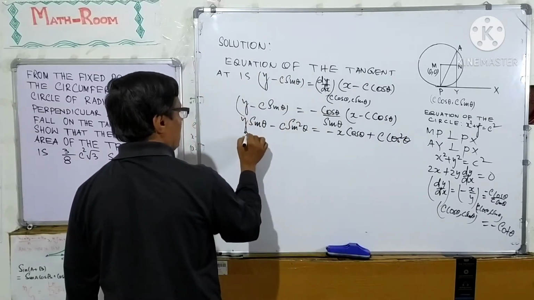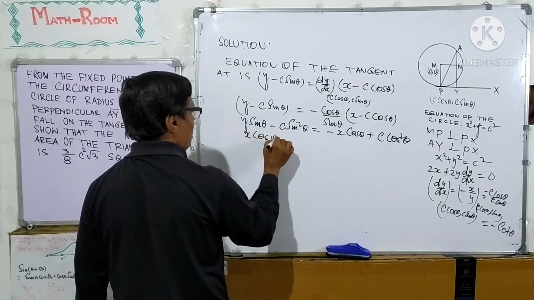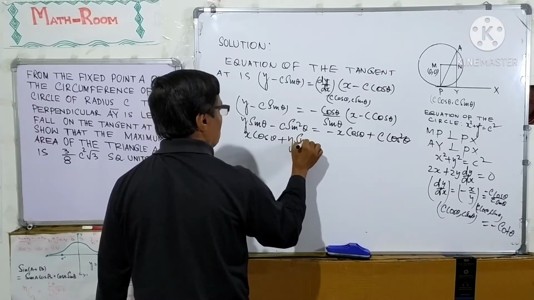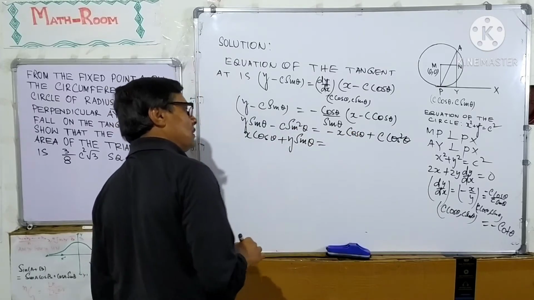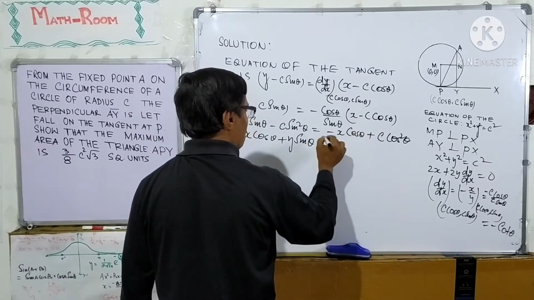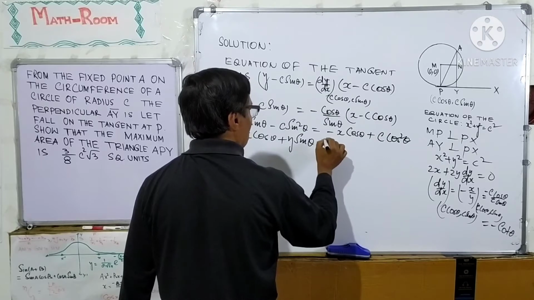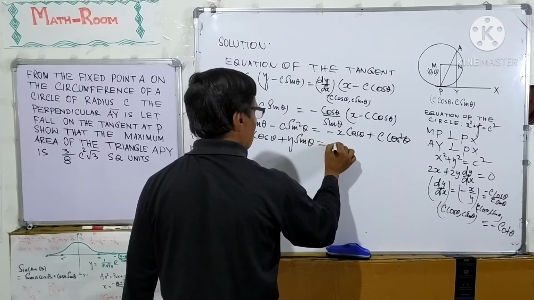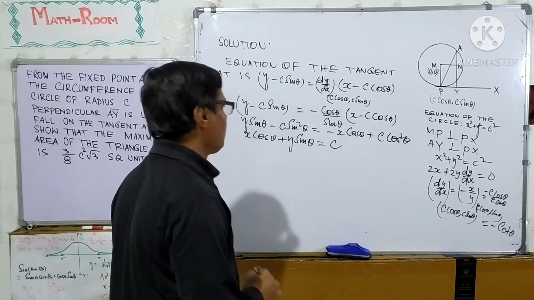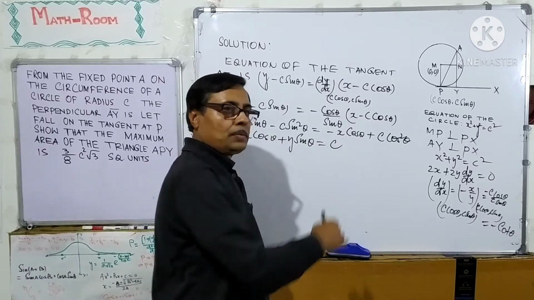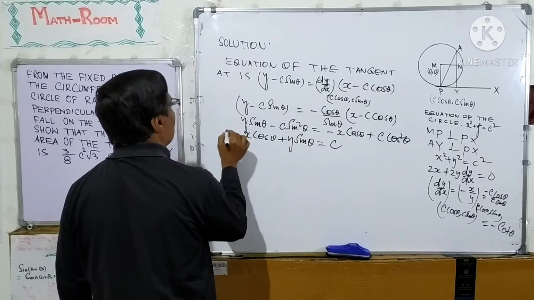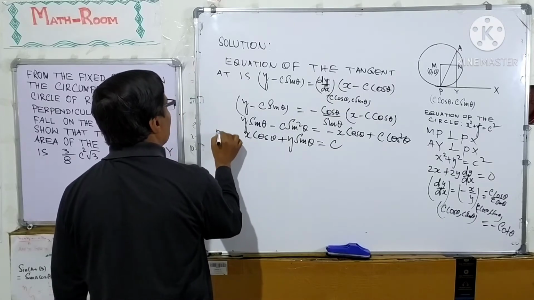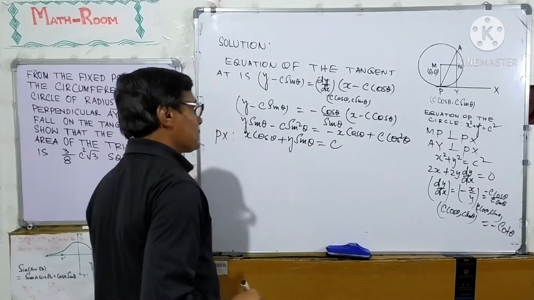So, x cos theta plus y sin theta equal to c times sin square theta plus cos square theta, which means c. This is the equation of the tangent PX.